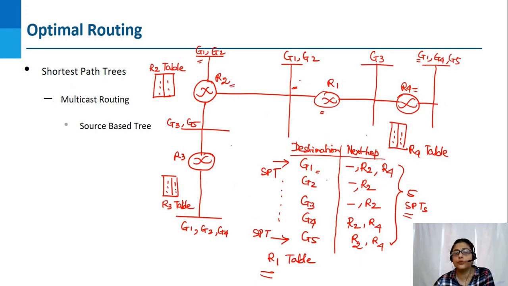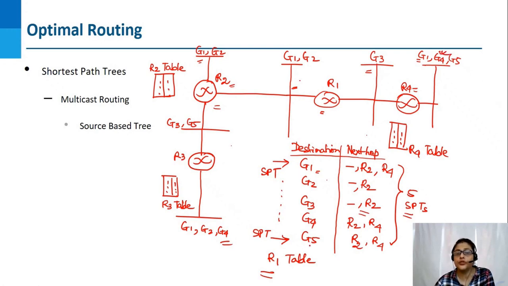If you want to go to G3, then you can directly go, because this is a direct connection, and again you can go via router R2. If you want to go to G4, then either you can go via R2, because G4 is here, or you can go via R4 because G4 is also here.